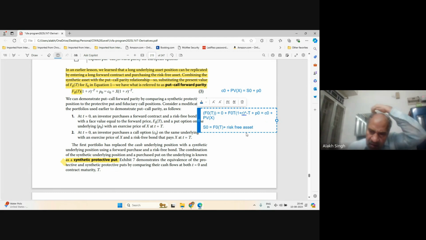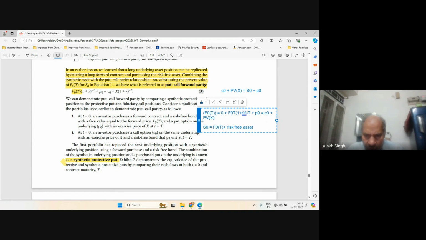That is what we studied when we were replicating our stock with a forward purchase. We buy forward and we buy a risk-free bond, and that is equal to our S0. So F0T plus this risk-free bond becomes our synthetic S0.